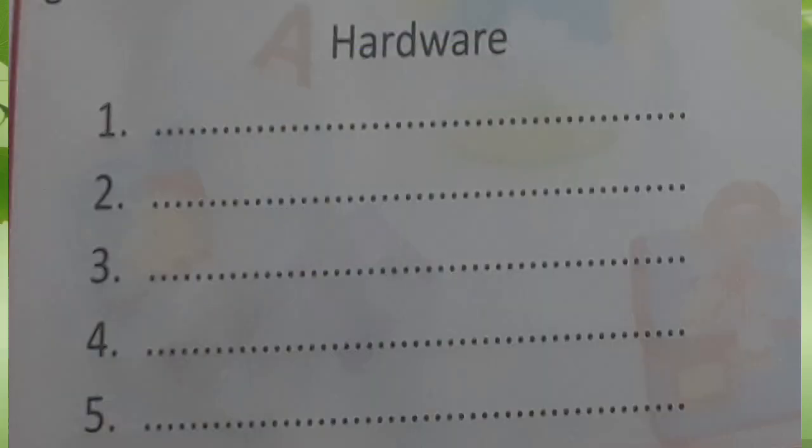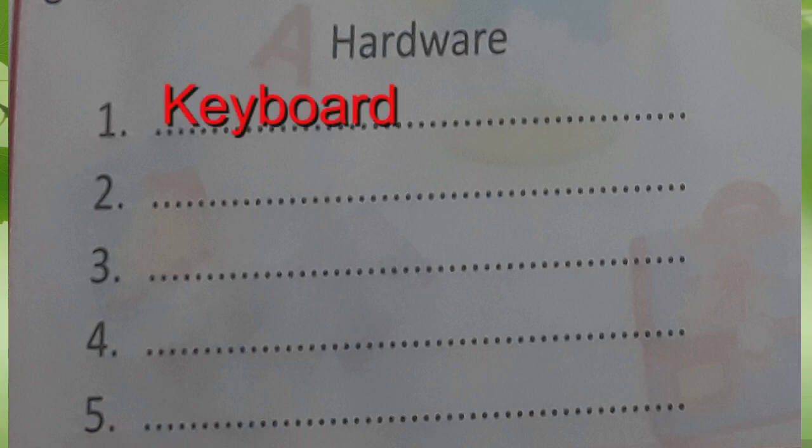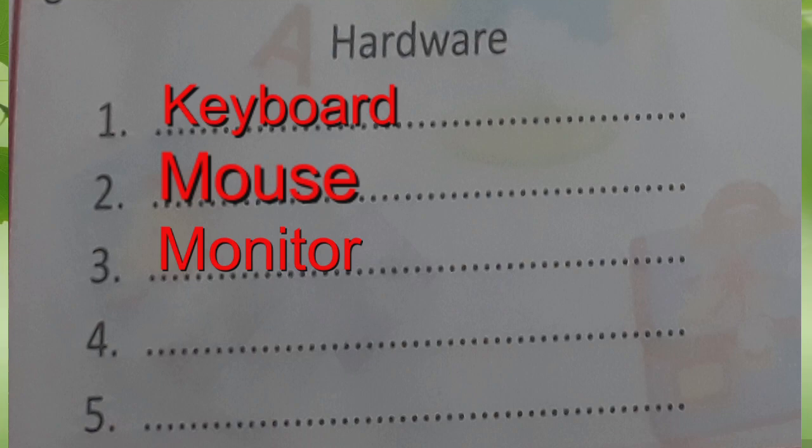Hardware means the parts that we can touch. Which are the computer parts that we can touch inside the lab? Keyboard, mouse, monitor, CPU, and one more device, projector. So these are the 5 hardware parts that we can see inside our computer lab.